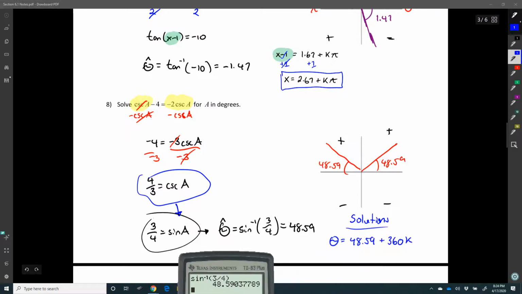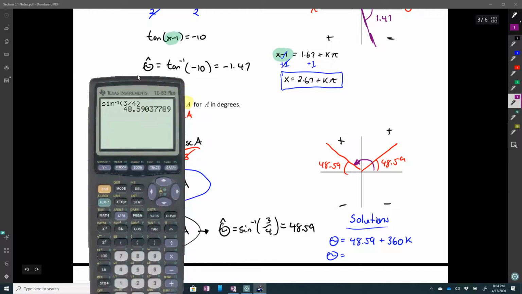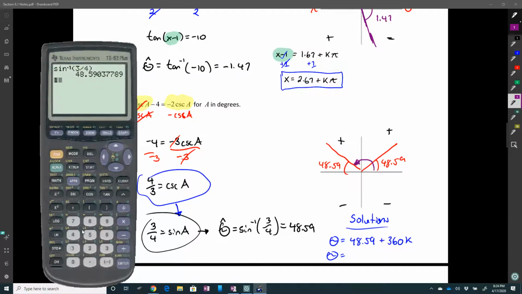And then the other one is going to be from here to here. And that's the full 180 degrees, or half 180 degrees, minus 48.59. To be more exact, instead of saying 48.59, I can just use the previous answer. I can say second answer. And that's 131.41. And so that's the other angle.